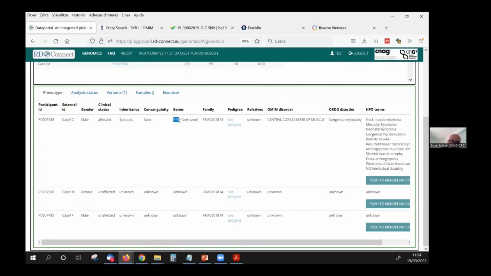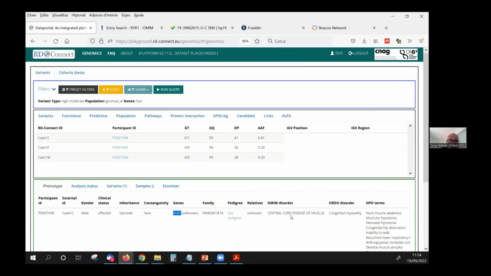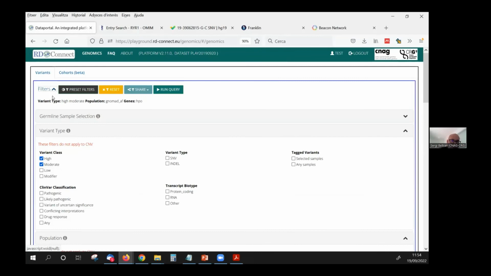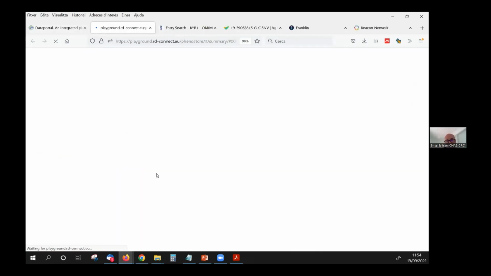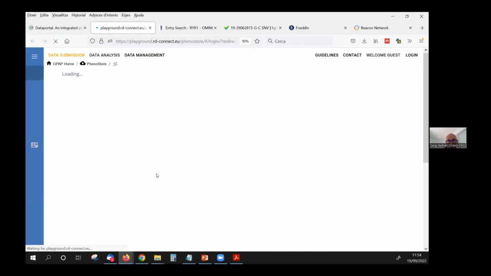In this case, RYR1 is already selected as a causative gene, and also the different HPO terms and the diseases from these individuals. But also you could click on the PhenoStore ID, and it would bring you to the actual platform that we use to collect all this phenotypic information.